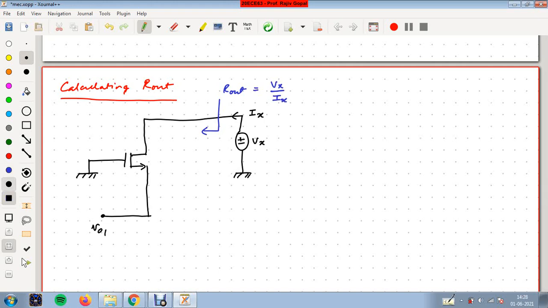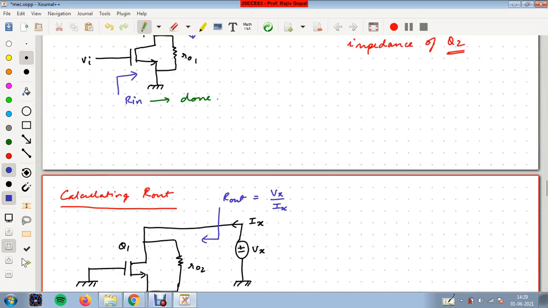Okay, so here you have R02, this is Q1. Okay, now the impedance seen in this direction is actually Rout 1, okay, which is actually R01.